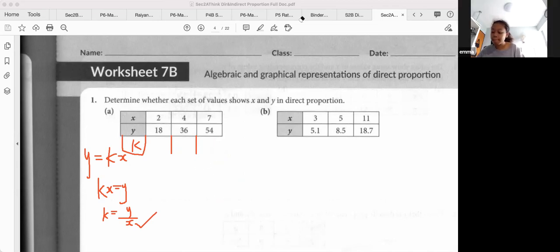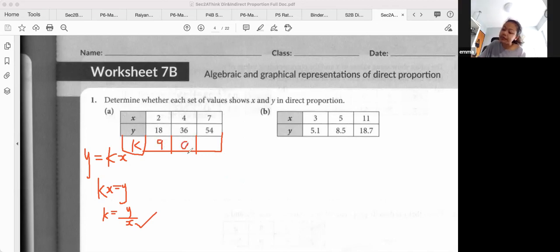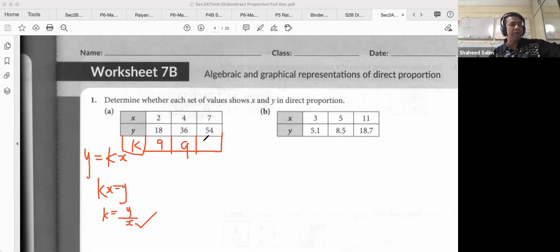Okay. For the first one, what do you get? 9. Second one? 9. Third one? 7.7, 7 point something.